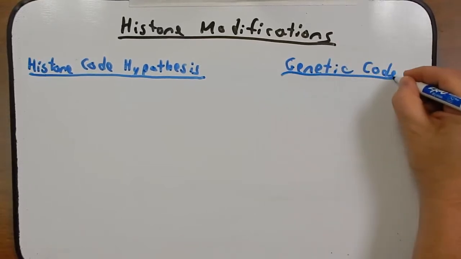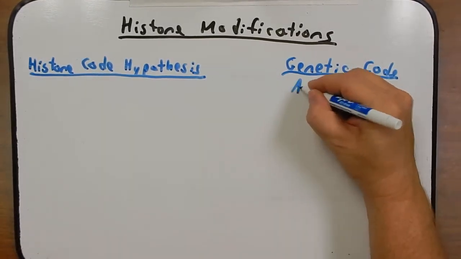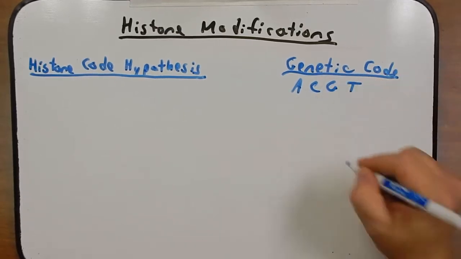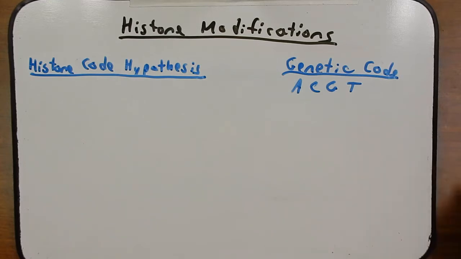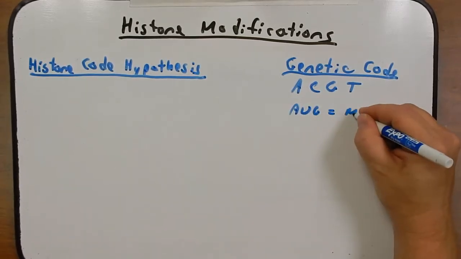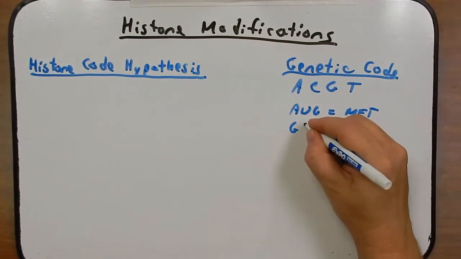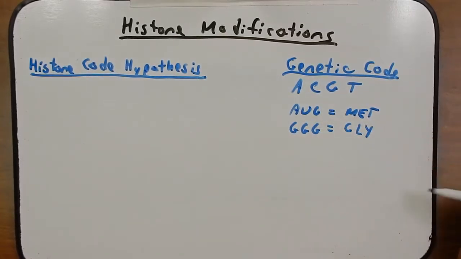The genetic code contains 64 different possibilities of these four bases, A's, C's, G's, and T's, and in combinations of three, they would indicate which amino acid would be made. AUG would give us methionine, GGG would give us glycine, and there's a separate code for every amino acid. The histone code hypothesis is similar, and I want to write it out first, and then we'll talk about it.